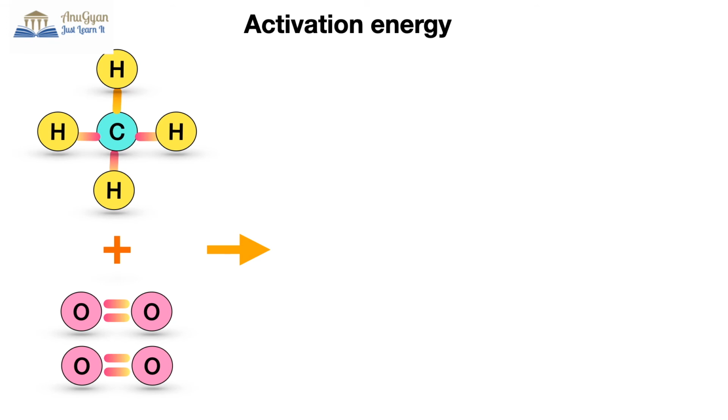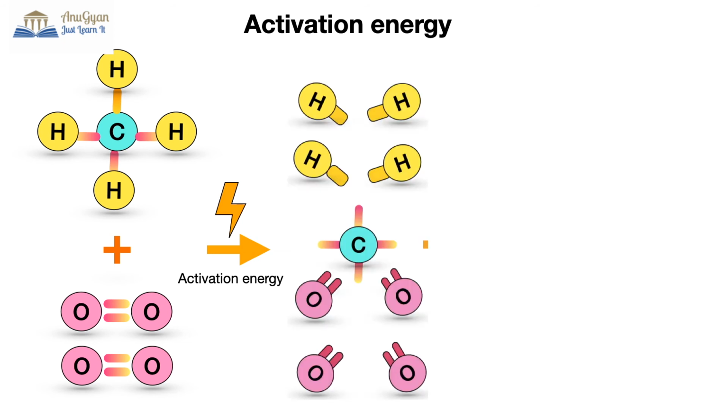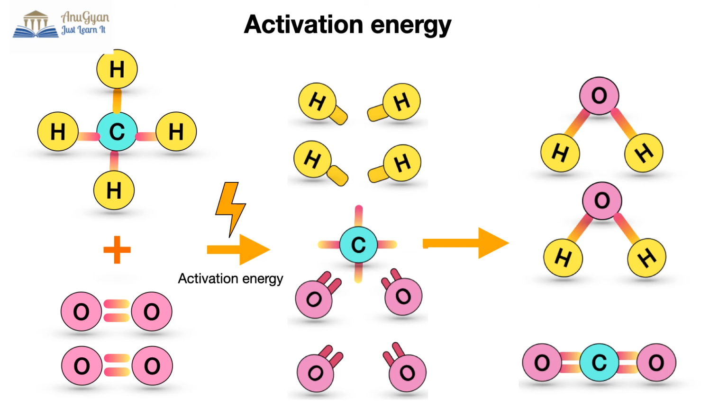It doesn't matter if the reaction is endothermic or exothermic, activation energy is important and is needed to start the reaction. When we provide some energy to these reactants, the bonds start breaking and then they dissociate to form individual atoms, which afterwards recombine and form new products.